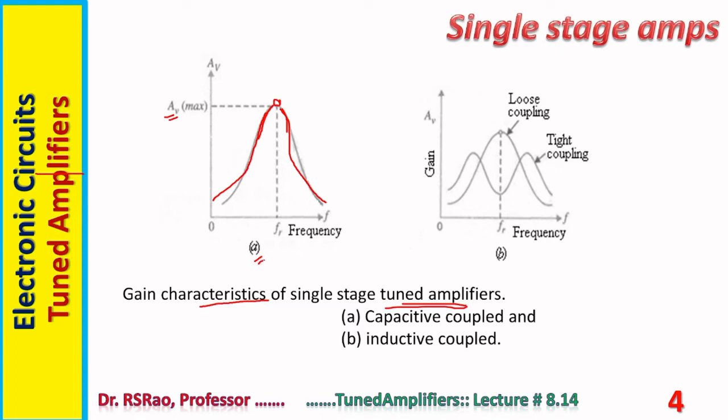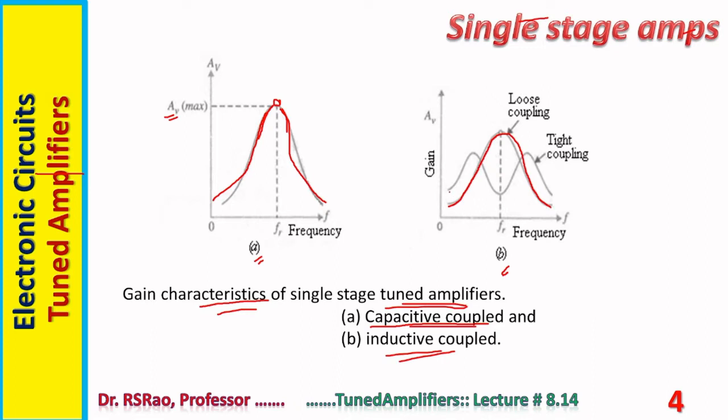In A is shown the gain characteristic of a tuned amplifier when it is capacitive coupled. In B is shown the gain characteristic when it is inductively coupled. In case of inductive coupling, we can see in B there are two curves. One curve is similar to the curve we had in case of capacitive coupling, a bell curve.